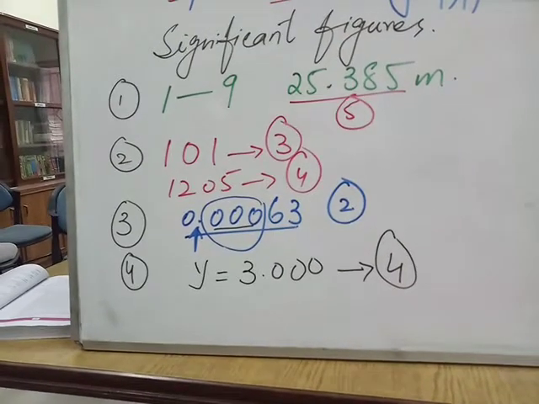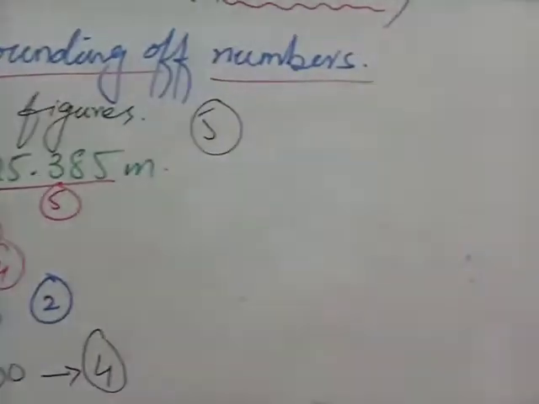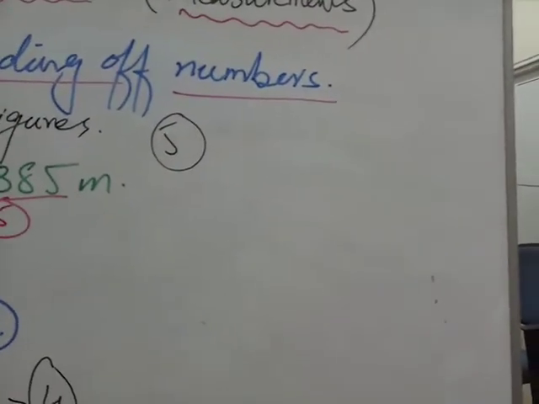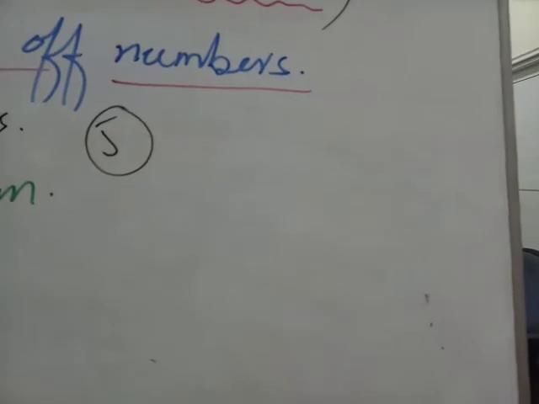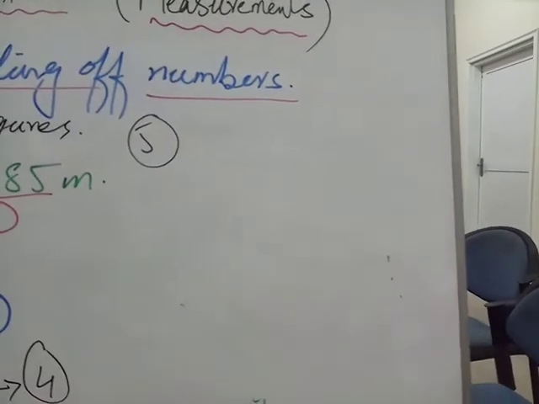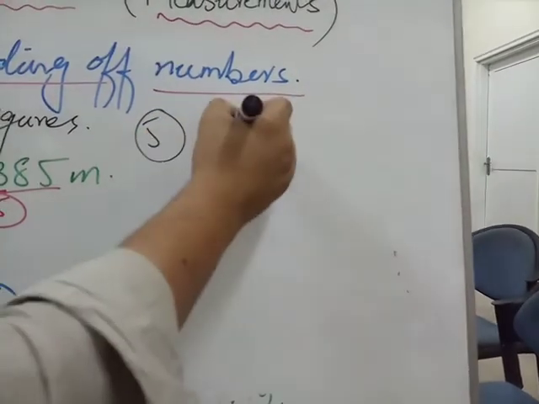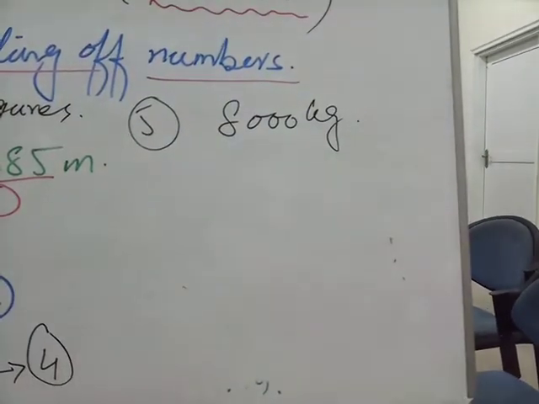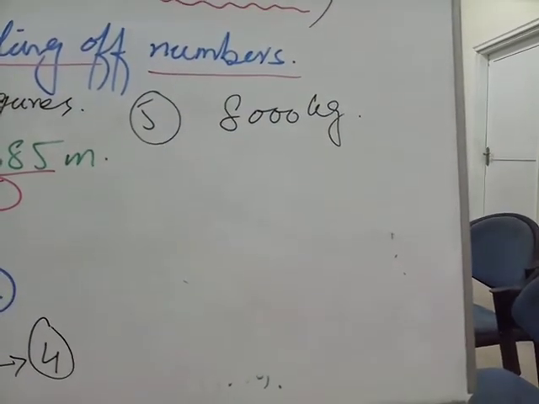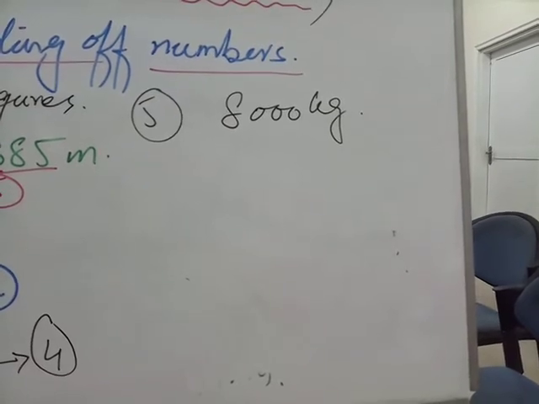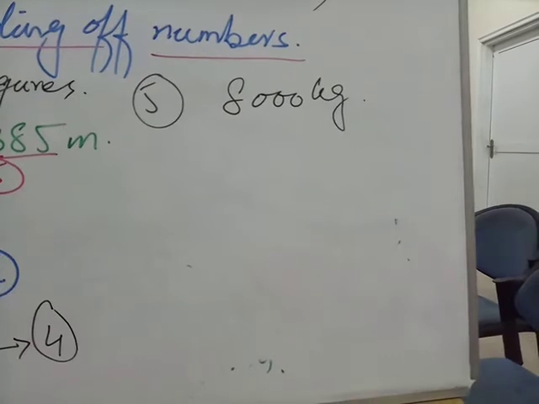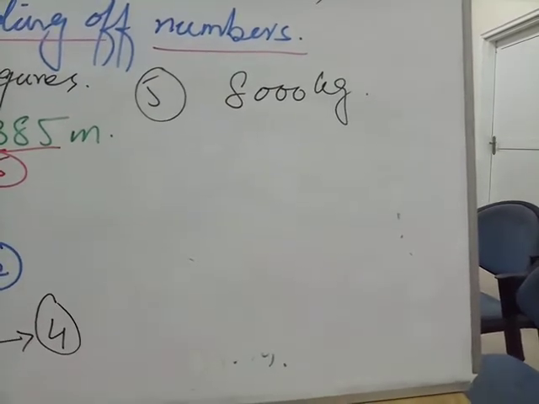Number 5 rule is for an integer number, like I can write a number like 8,000 kg. The zeros may or may not be significant. Here the significance of these zeros depends upon the least count of the measuring instrument.